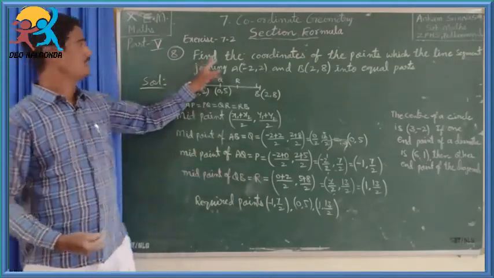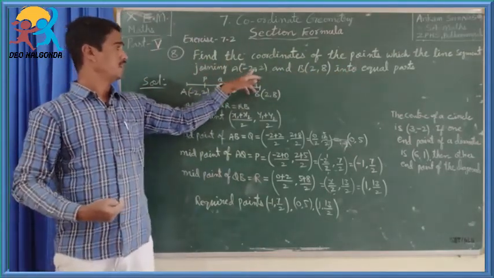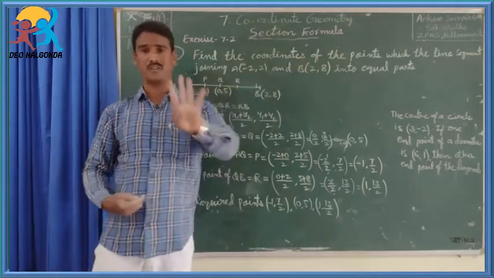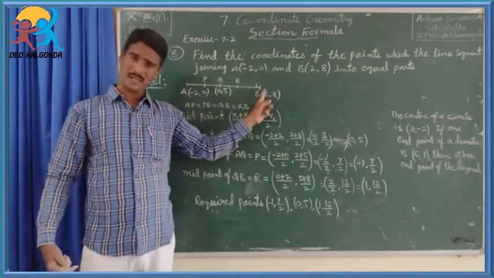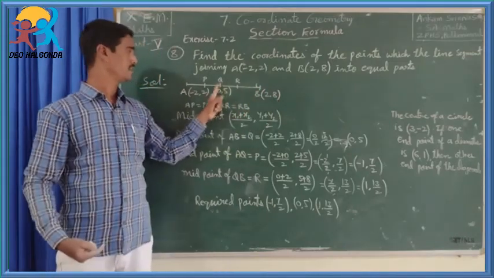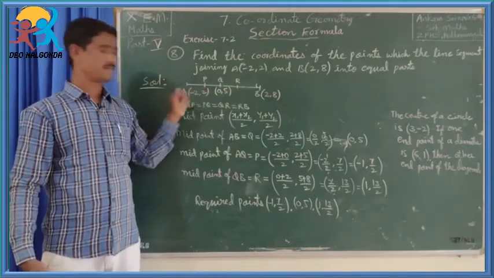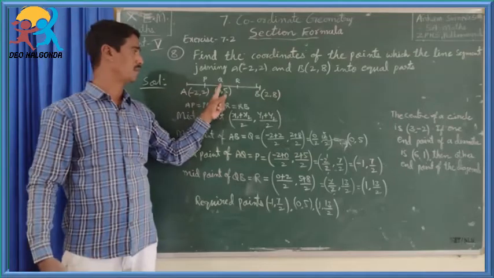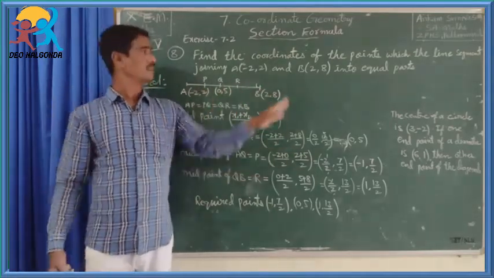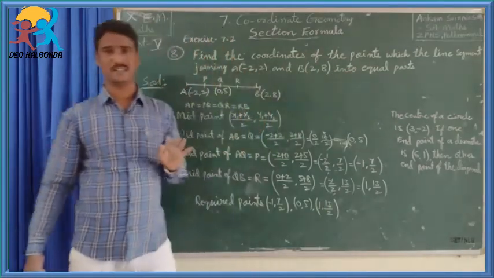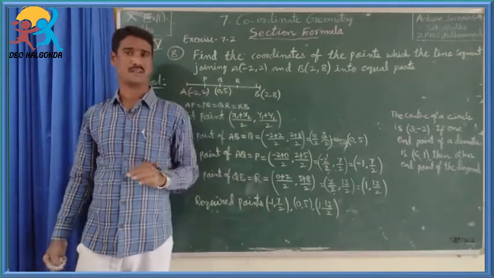If given to find the coordinates which divide the line segment joining 2 points into 4 equal parts, find the midpoint of the given line segment AB, it becomes Q, and find the midpoint of AQ, we will get P, and find the midpoint of QB, then we will get R. These 3 points become the required points, which divide the given line segment into 4 equal parts.